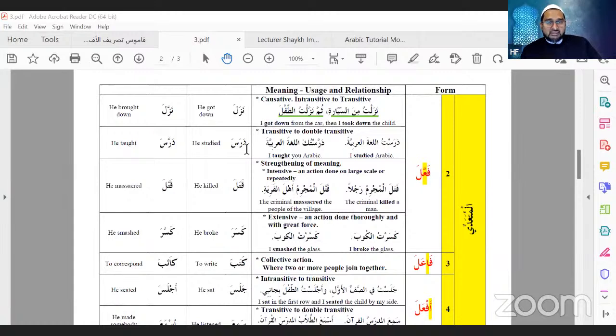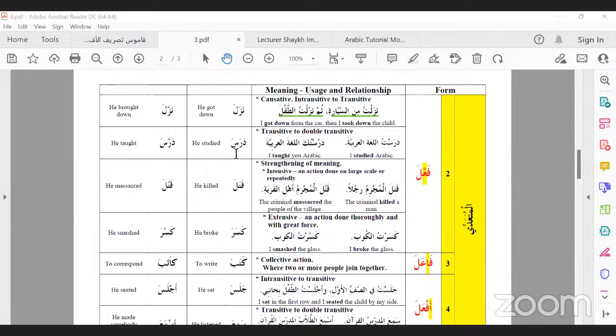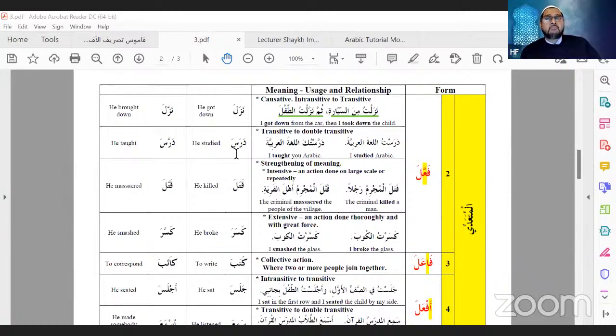For example, darasa, I studied it. If I say I studied it, does it make sense? Yes, it does. If I say I studied that book, did you study the maths book? Yes, I studied it. So the way to know the difference between a transitive and intransitive verb is, if you put the word it or him and it makes sense, it's a transitive verb.